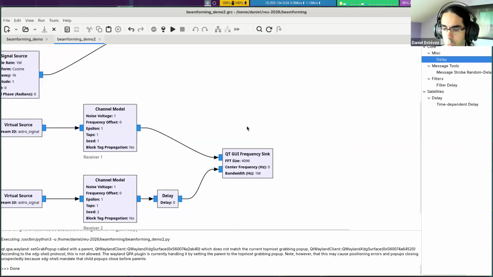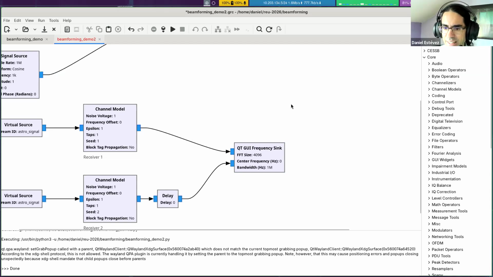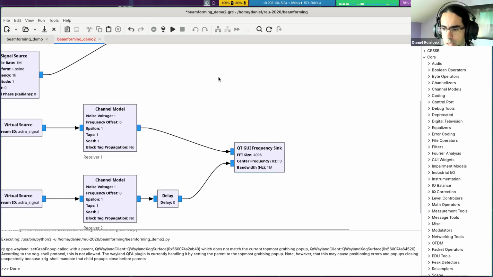But now what we want to do is to combine the signals from the two receivers. And the most immediate goal is to combine the power which is received by the two receivers. Because you can imagine if we have an astronomical source, the signal is usually going to be pretty weak because the source is very far.